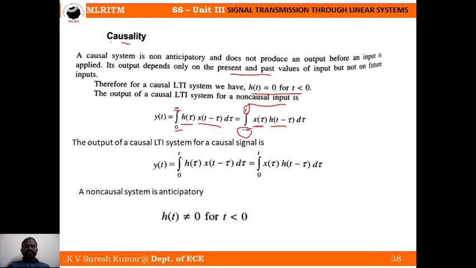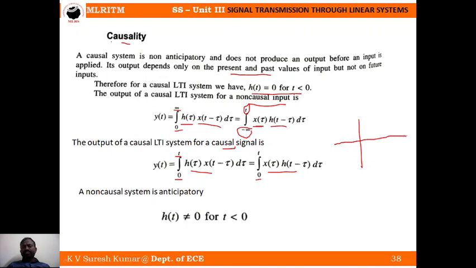This is for a non-causal input. Now the output of a causal LTI system for a causal signal. If it is a causal signal, x of t is from 0 to infinity, and the causal system is 0 to infinity, so the common area will be 0 to t. Whether you write h of tau into x of t minus tau d tau, or in reverse x of tau into h of t minus tau d tau, both will have the same limits, 0 to t.